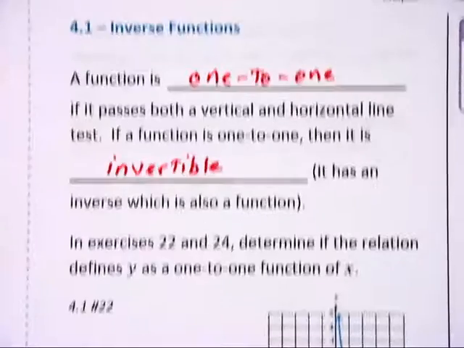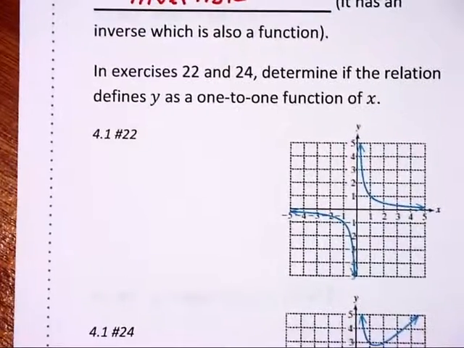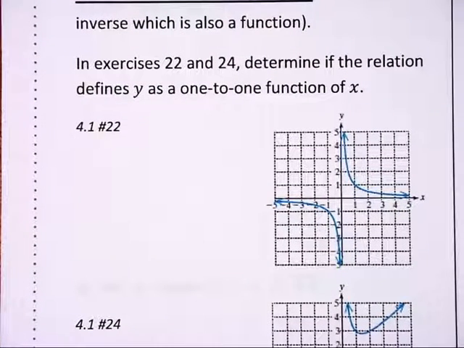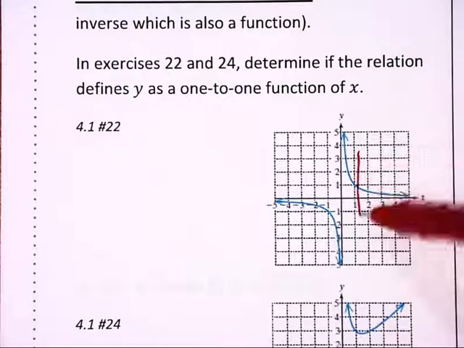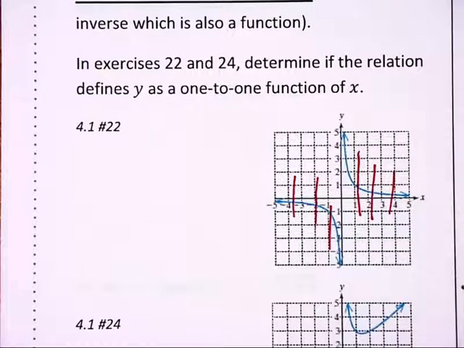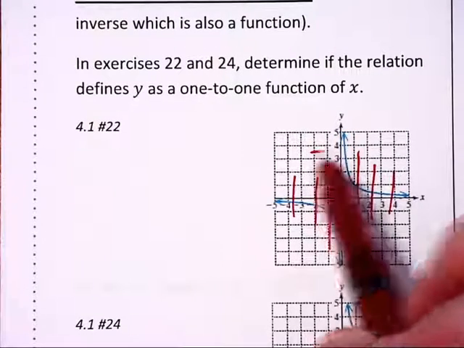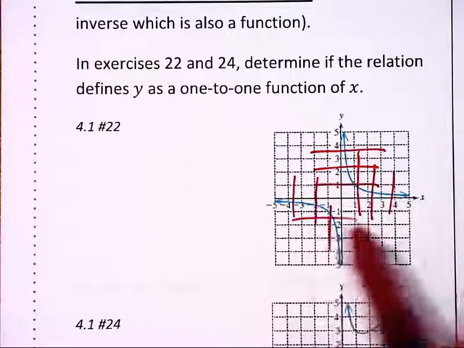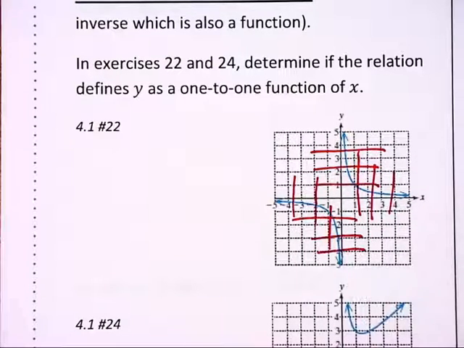In these next two problems, we are asked to determine if the relation that is drawn defines y as a one-to-one function of x. Well, in this first problem, we notice that yes, it is a function because it passes the vertical line test, and each y value also has a unique x value, meaning it passes the horizontal line test.